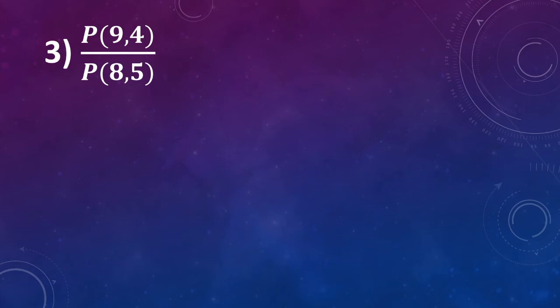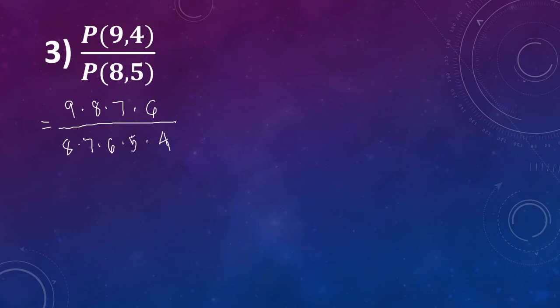So that is 9 times 8 times 7 times 6 over permutation of 8 taken 5 at a time can be considered as taking 5 consecutive factors starting with 8. So that is 8 times 7 times 6 times 5 times 4.